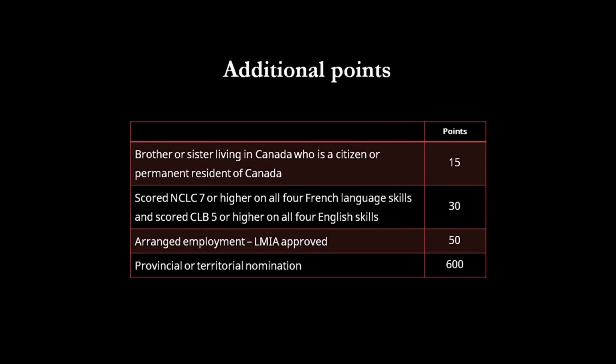And if you have a provincial nomination, you get another 600 points. So these are the additional points which you want to consider when applying for Canada immigration. If you're eligible for any one of these, you end up getting the points in that category.